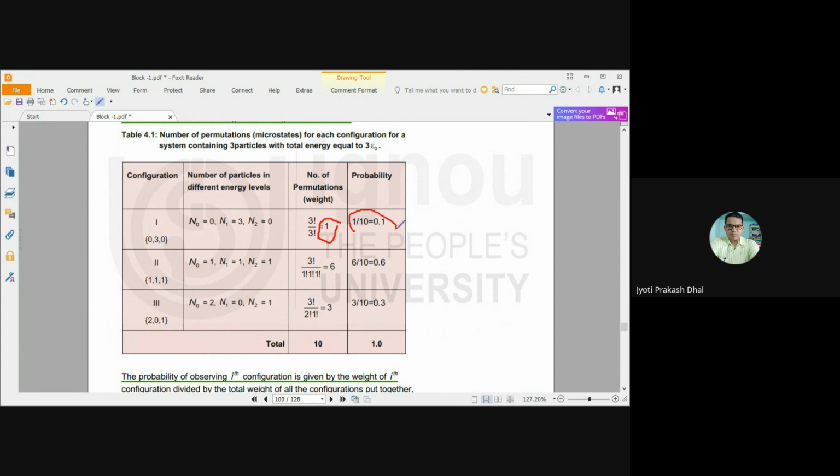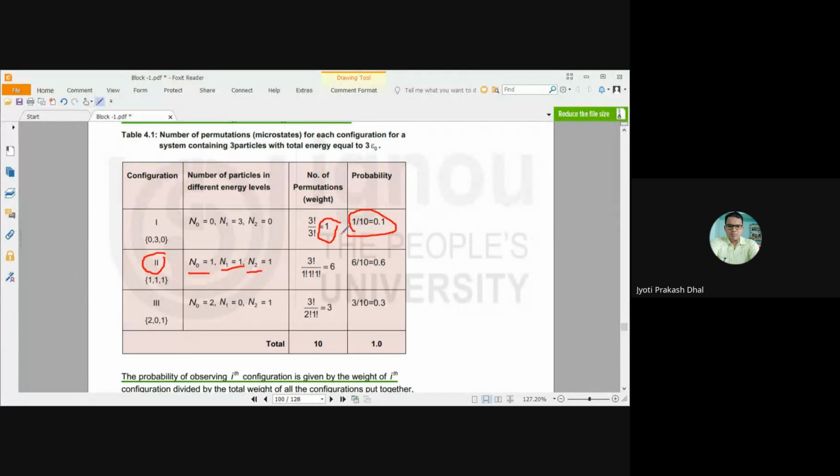So that is 0.1. In configuration 2, N0 will be 1, so one particle will be present at the 0 energy level, N1 will be 1, another particle will be present at the epsilon 0 energy level, and N2 will be 1, another particle will be present at the 2 epsilon 0 energy level.